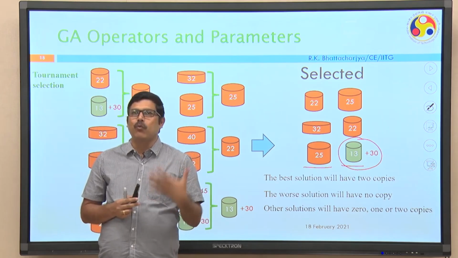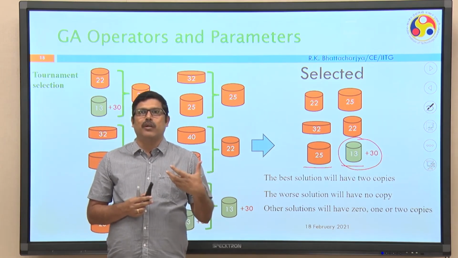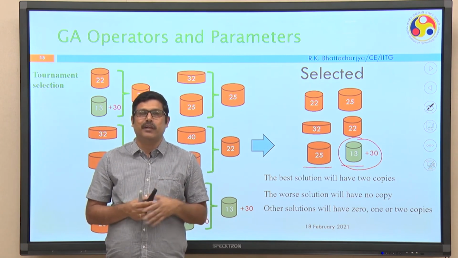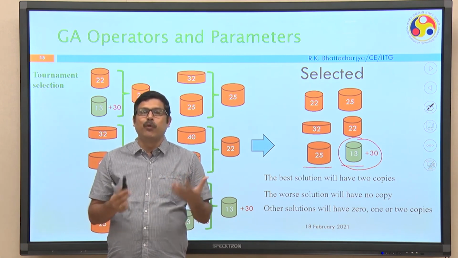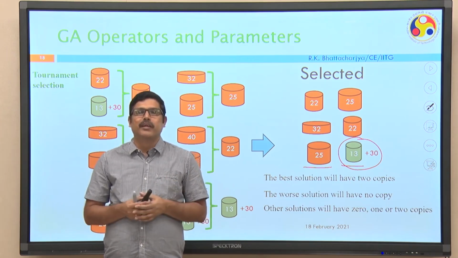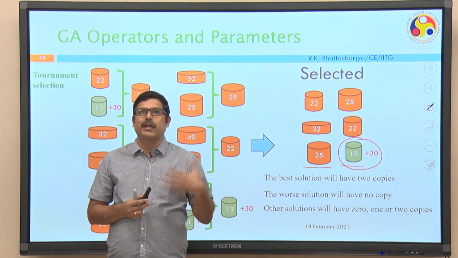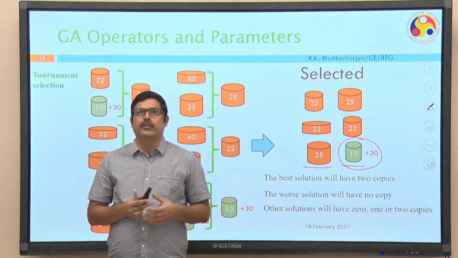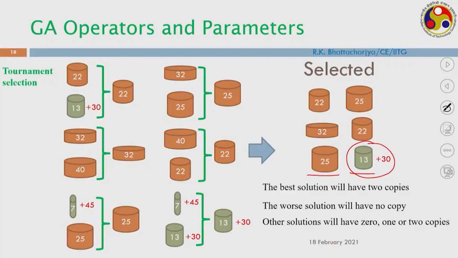One, two or three copies are fine, but more than that is not expected, because you will miss the diversity. Therefore, I do not want the tournament size to be more than 2 or 3. I think this is clear to you.